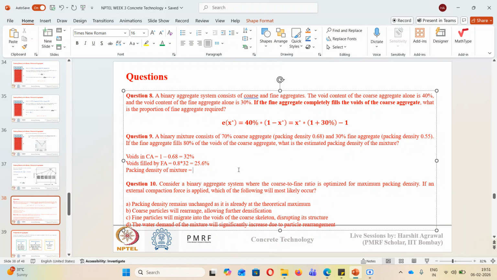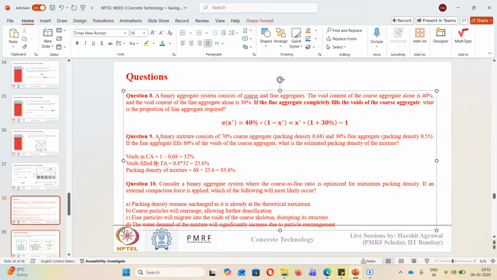So what is the estimated packing density of my system? It will be nothing but the packing density that was there originally plus the packing density that has been filled by the fine aggregate. So that is 68% originally, and 25.6% is now filled by fine aggregate. So it will be 93.6%. So this is the packing density of the system.